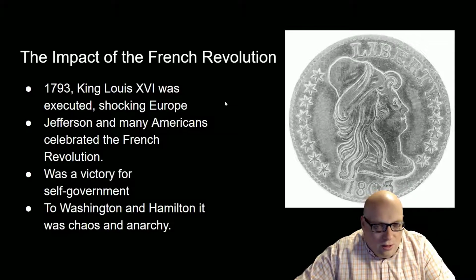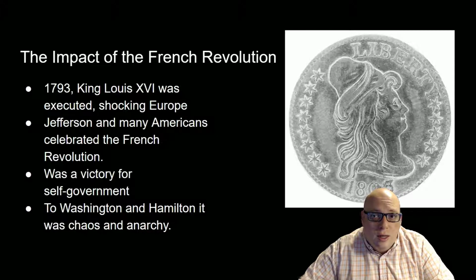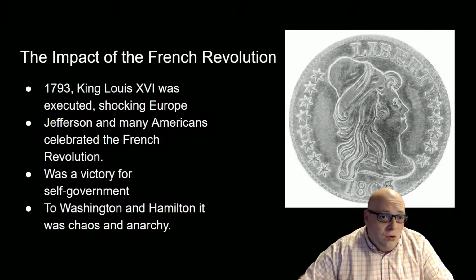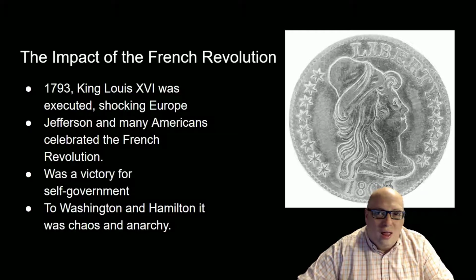The other thing, aside from this difference between Hamilton and Jefferson on this new financial plan that's going to divide the country a little bit, will be the impact of the French Revolution. In 1793, Louis XVI will be executed, and this will shock Europe at the time, including people like George Washington and Hamilton.